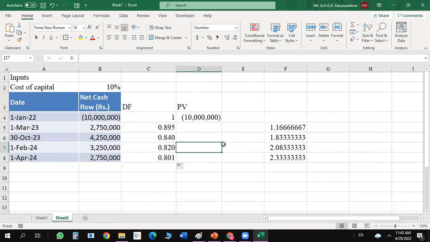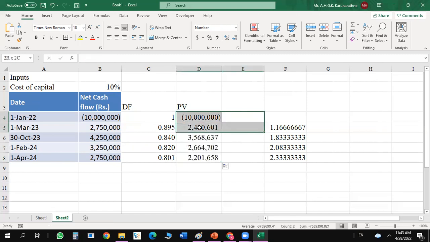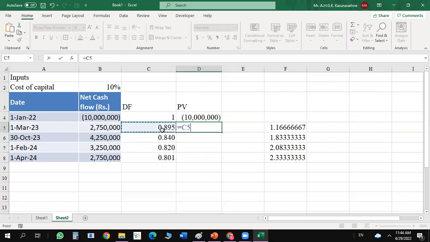Then the present value is very easy: discount factor multiplied by the cash flow.